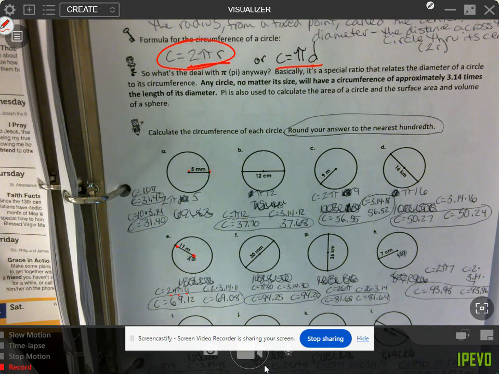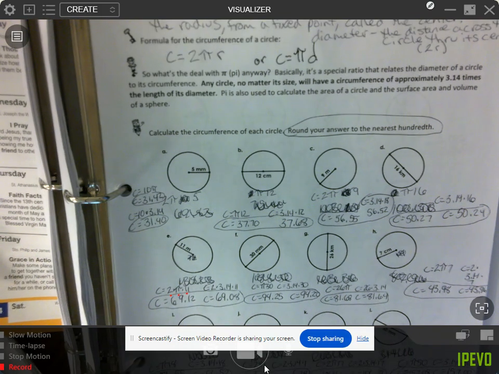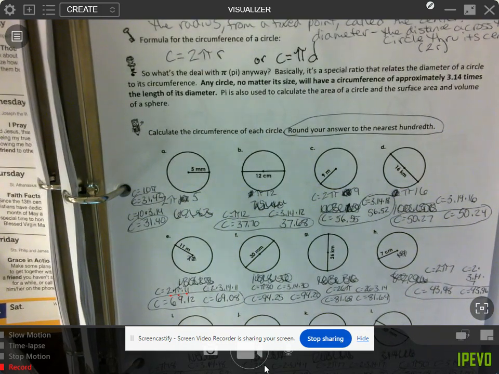Does that make a little more sense? So, Madison, that's great that you said you're going to stay after for help, but I just walked us through it again. Did it make sense, or do you want me to do another one? No, it's clicking a little better than it was. Okay, so do you have the two formulas written down? Yeah. So you have 2 times pi times r.